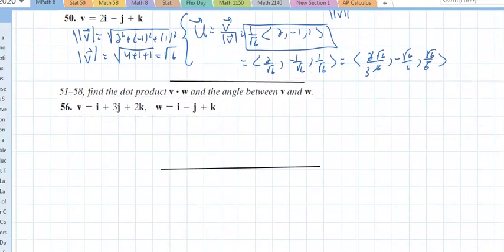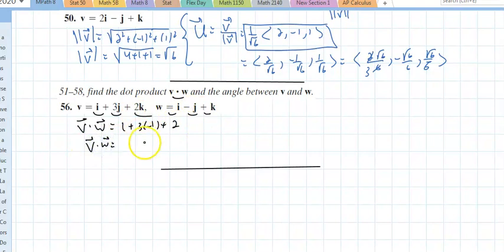And if I want to find the dot product, do you remember that? Well, the dot product, v dot w, would be 1 times 1 plus 3 times negative 1 plus 2 times 1. V dot w would be 0.